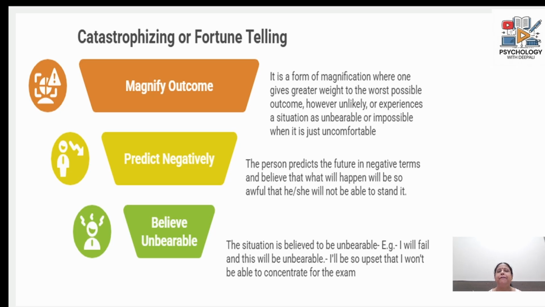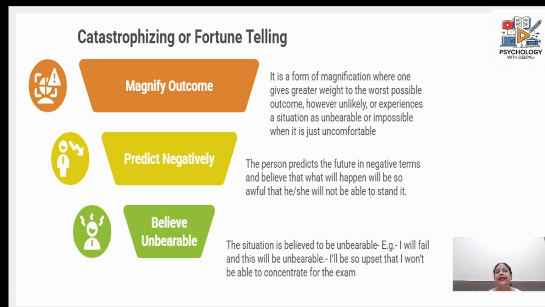So everything is being magnified, just like we use a magnifying glass to read words which are very small in font. A small thing, and especially a negative thing, is magnified. So the person will predict the future also in negative terms and believe that what will happen will be so awful or so terrible that he will not be able to stand it.